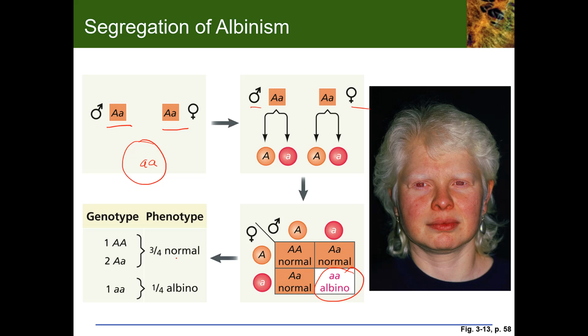So if you look at this, 3/4 of the offspring will be normal. Now they may have different genotypes. It could be big A, big A, or big A, little a, but they're going to look normal. In the case here of the other child, that 1/4, you have little a, little a, and that means they will have albinism.